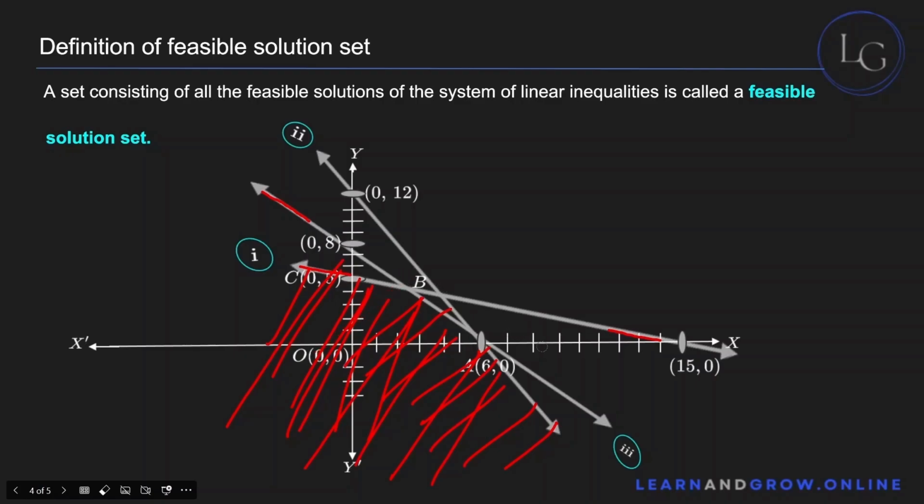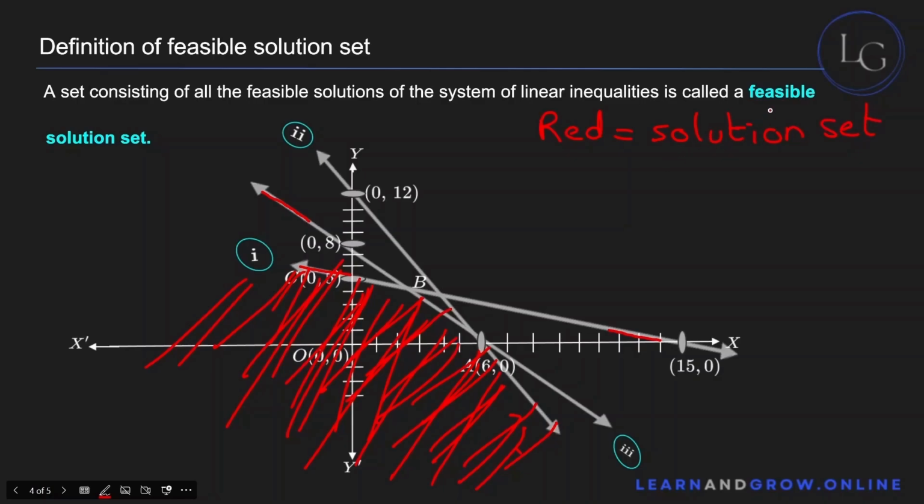And yeah, okay, so we have this, right? This entire shaded area. Now, this is a solution set. This entire red area is the solution set of the given inequalities, right? But it is not a feasible solution set. A feasible solution set is only restricted in the first quadrant, which is this one here.